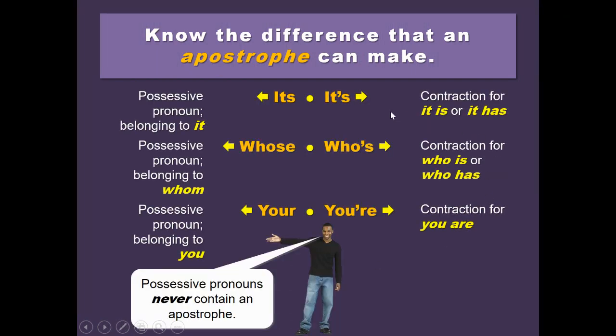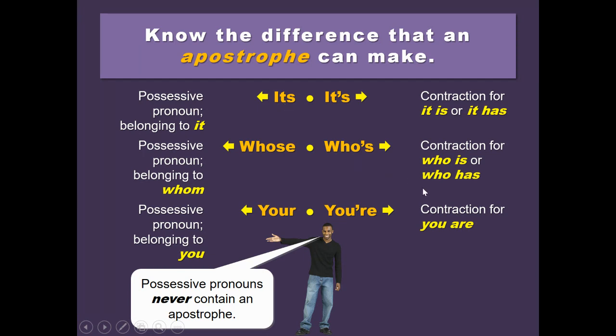Okay, another one is apostrophes. When they don't use an apostrophe, it shows possession, but when it does use an apostrophe, that means it's a contraction, okay? So I like to kind of look at the contractions first. So if you're not sure if you use it's with the contraction, remember it's means it is or it has. If the sentence doesn't make sense with it, then you know to use it without.